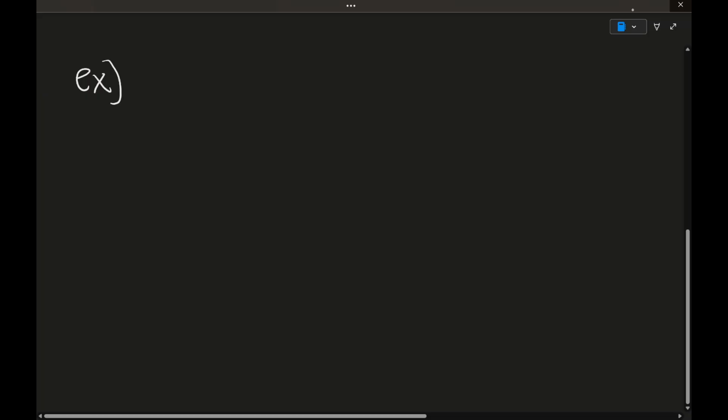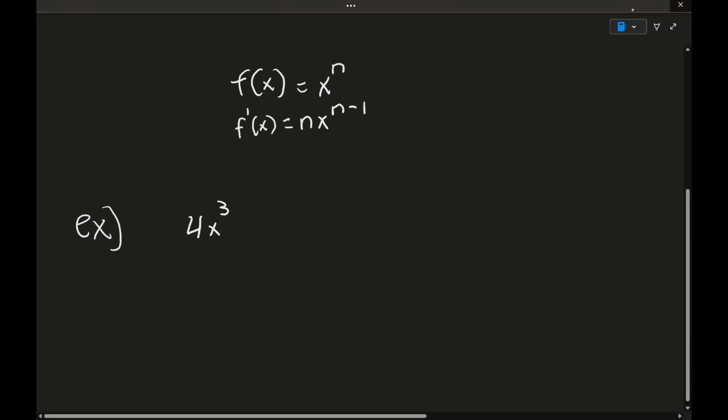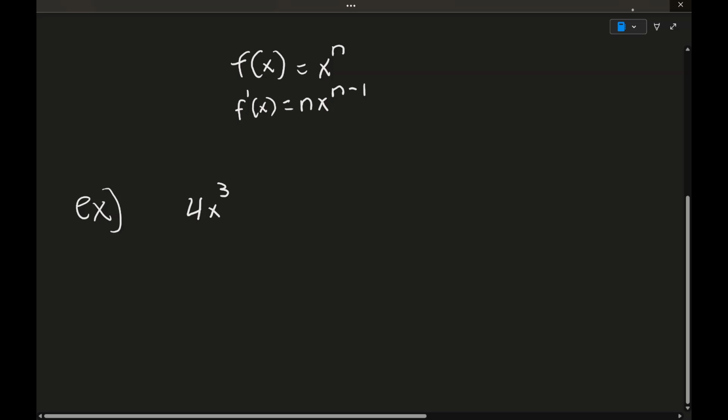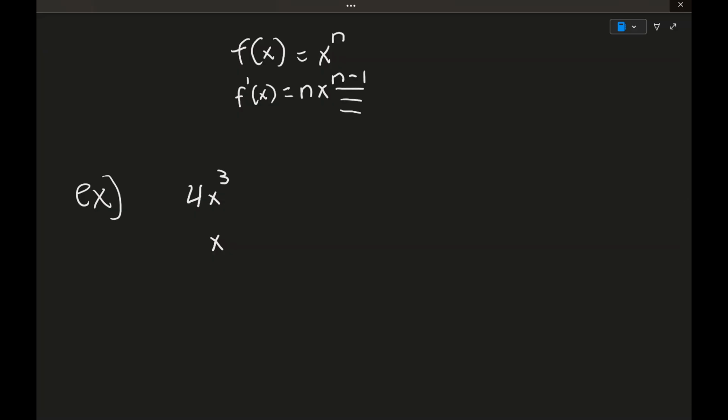All right. How about 4x to the third power? Well, if we look at this, 3 will be our n. So, first of all, let's keep the x, and it looks like we have n minus 1.